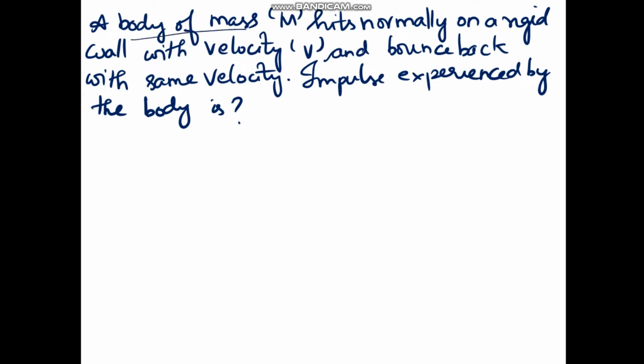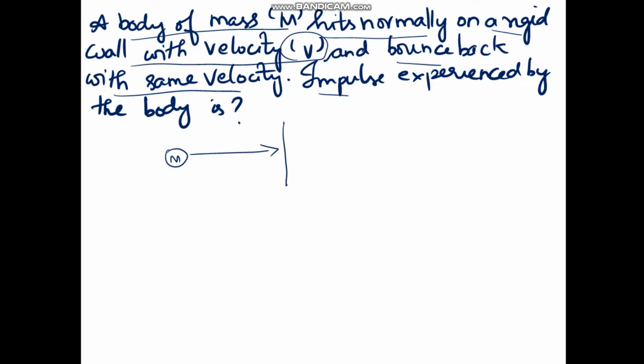A body of mass m hits normally on a rigid wall with velocity v and bounces back with the same velocity. They are asking for the impulse. See, a body of mass m is moving towards a wall with speed v, and again it is moving this way, bouncing back with the same velocity v. This I am taking as positive direction, this I am taking as negative direction.